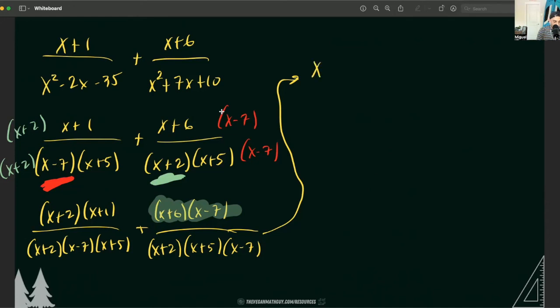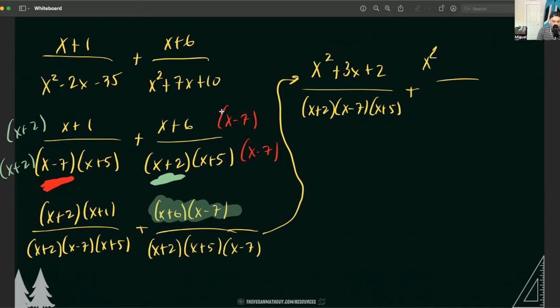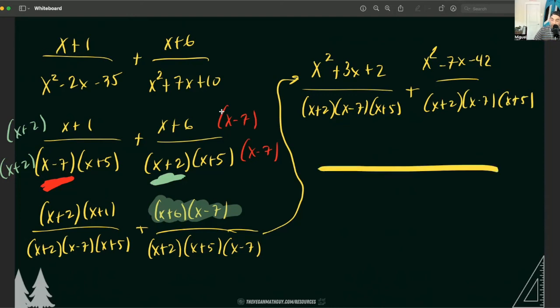If I use FOIL, that becomes x squared plus 3x plus 2 all over that denominator, plus, and let's go ahead and combine the other fraction, that becomes x squared minus 7x minus 42 all over x plus 2, x minus 7, x plus 5. Awesome. And again, now because they have common denominators, I can just start combining these things, and it's an addition, so I don't really have to worry about being conscious of that minus sign if this was a subtraction.